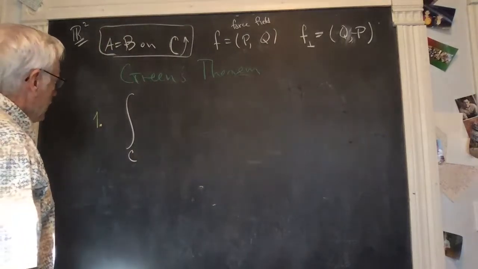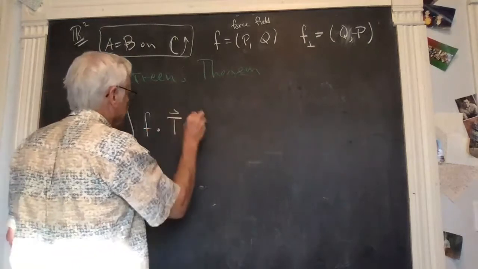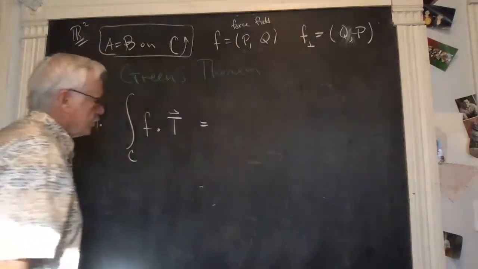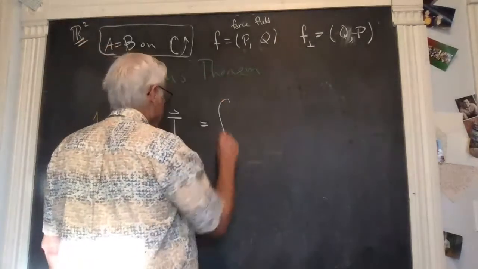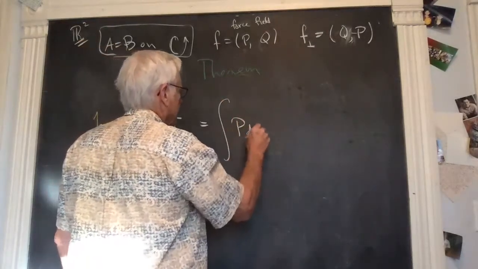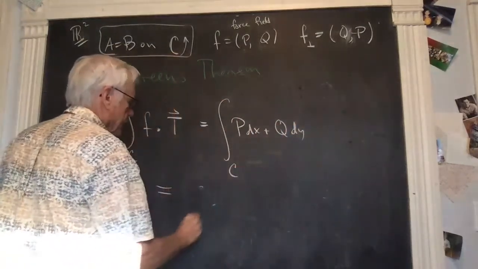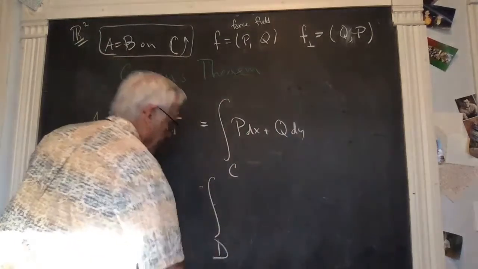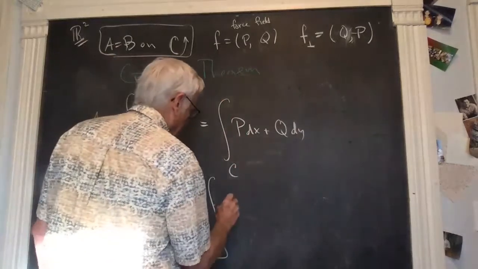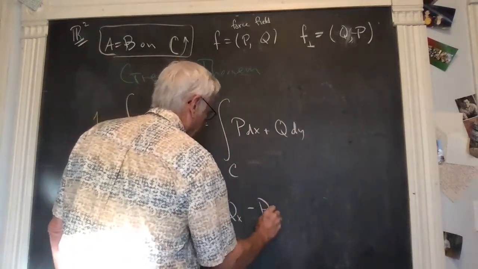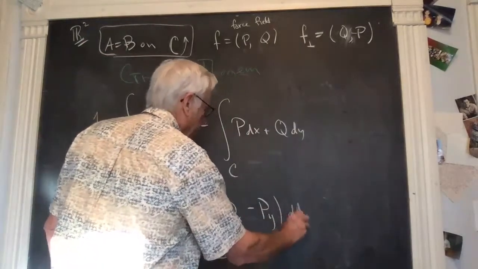If you integrate over a closed curve C, so F dot T, this integral will be equal to the integral of P dx plus Q dy along C. Green's theorem says that this is equal to the integral over the entire region D of Q sub x minus P sub y. So this is an area integral. You might say dA here.